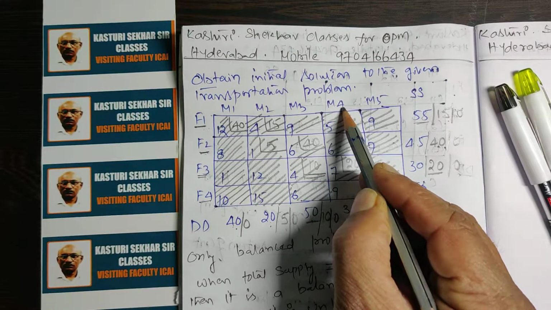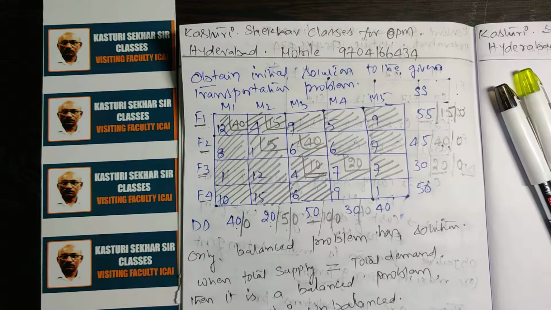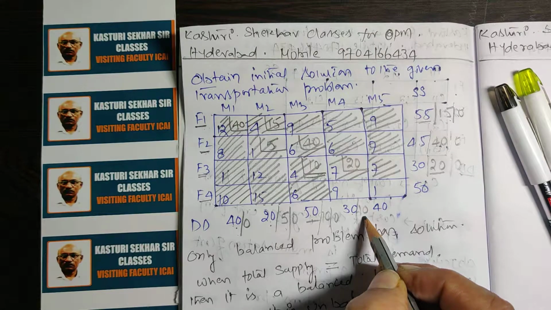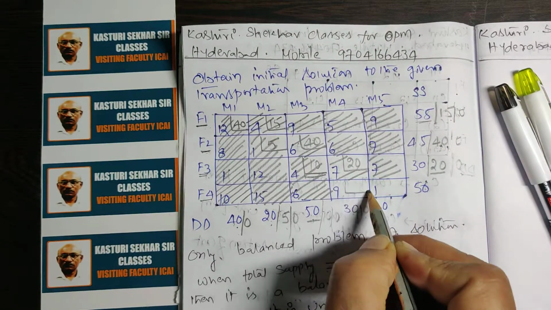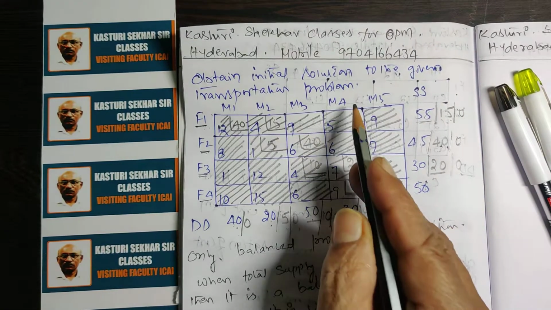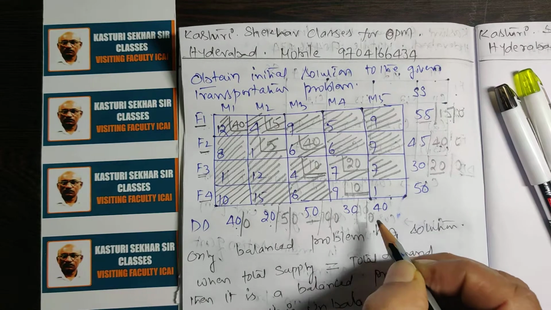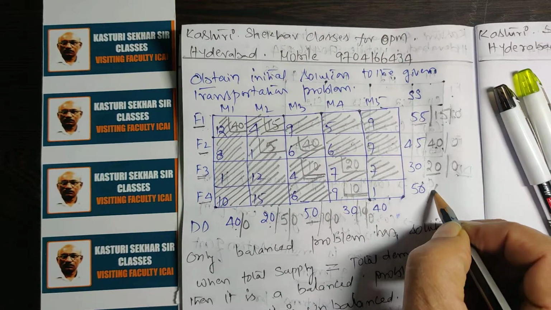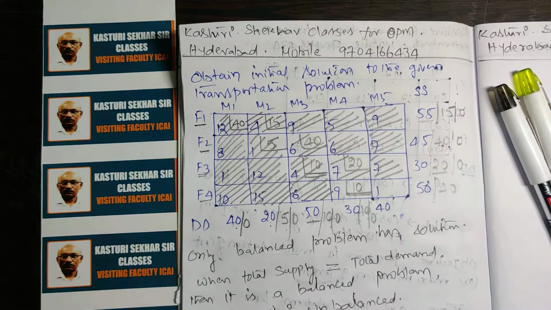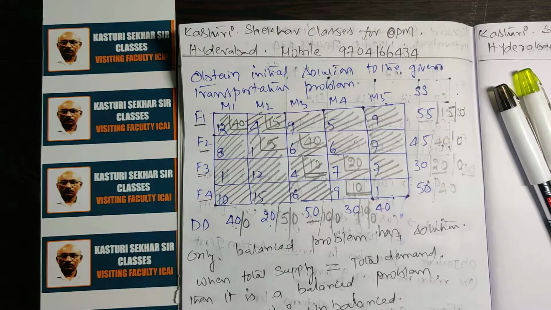Market 4 still requires 10 more units. So 10 units are supplied from where? M4. Availability reduced to 40. Requirement now will become 0.